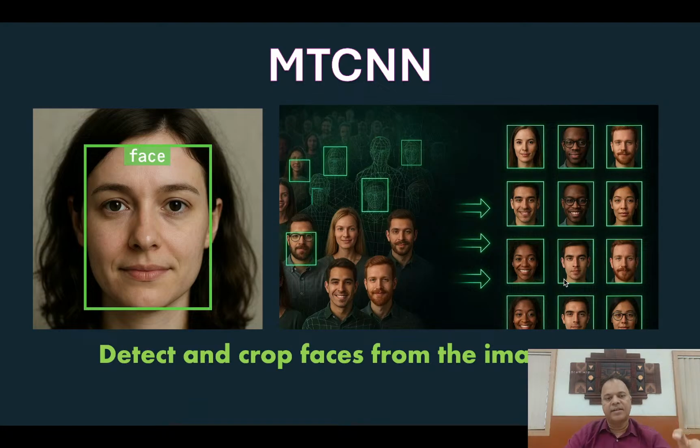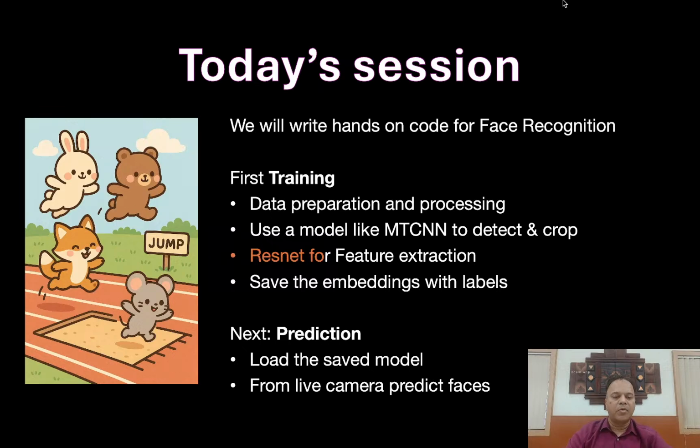Once it detects the face using MTCNN, the next step is that we have to extract the features. So what is feature extraction, and what are we going to do for it? We'll be using a library which is ResNet, or ResNet based. Many of them are there: ResNet 50, ResNet 100, Inception ResNet.